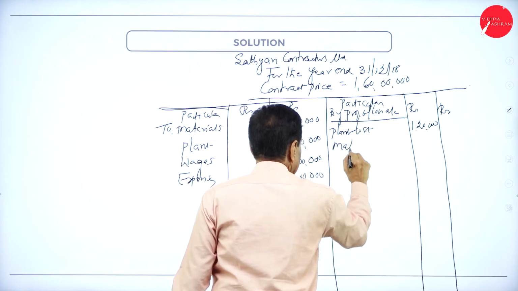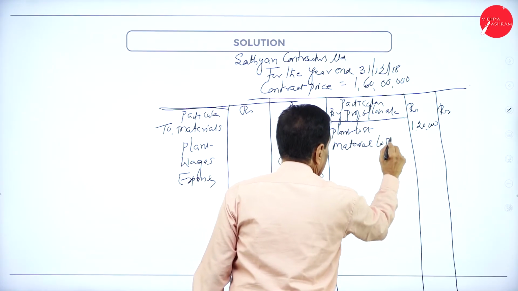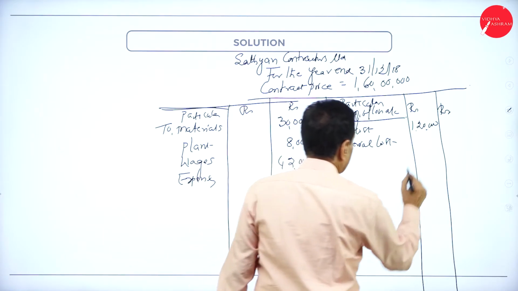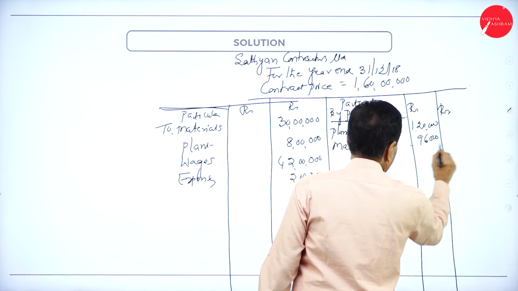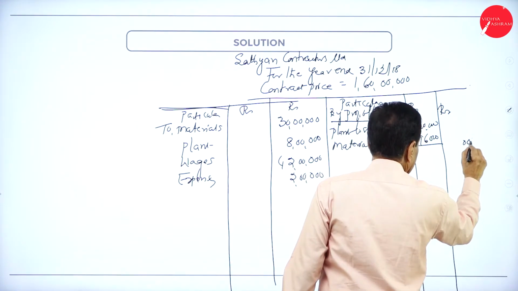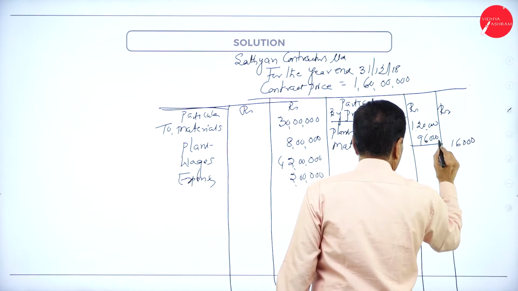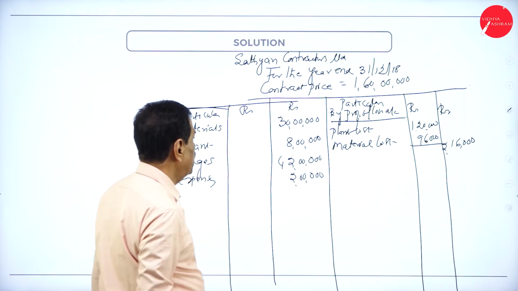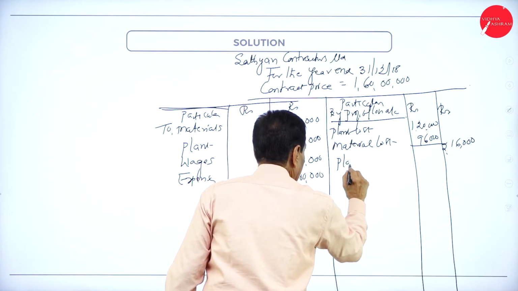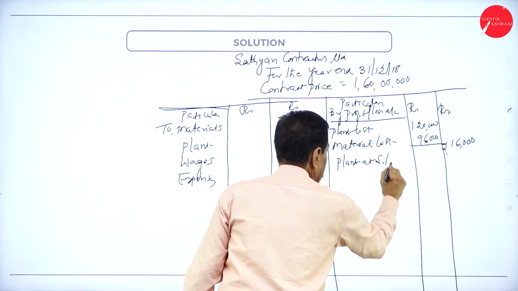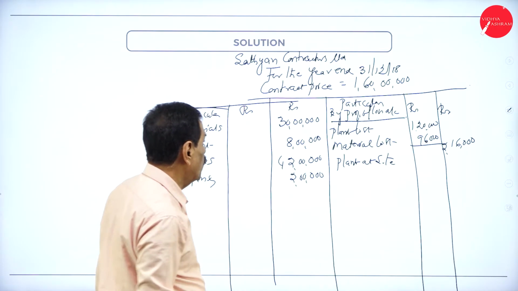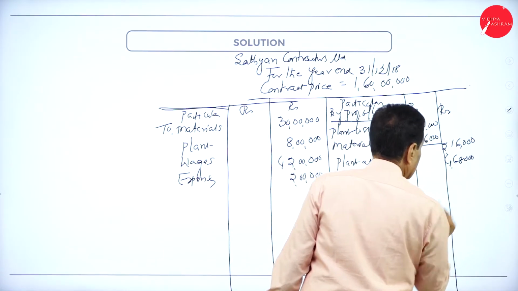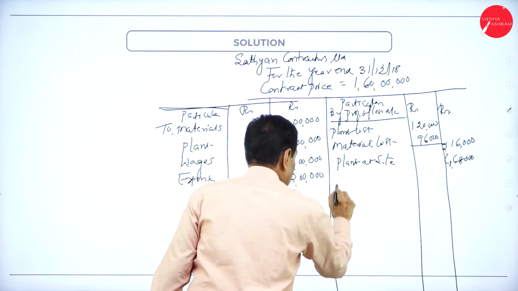Material lost is 96,000. Add the figures: 2,16,000. Then plant at site, what you have calculated, 4,68,000.